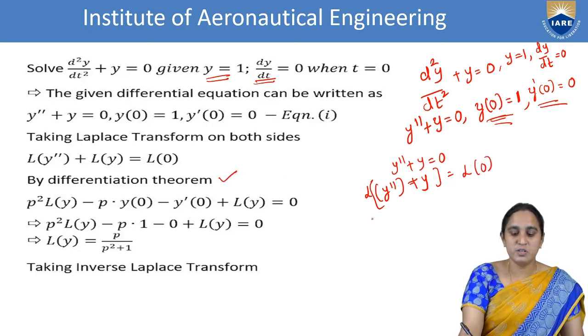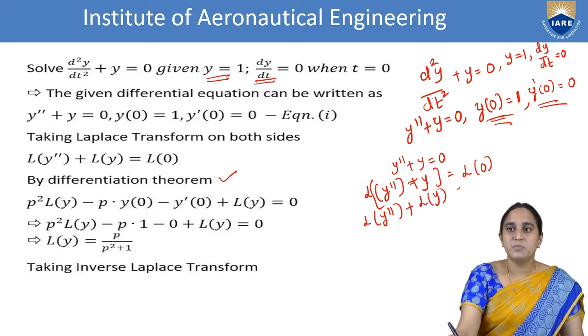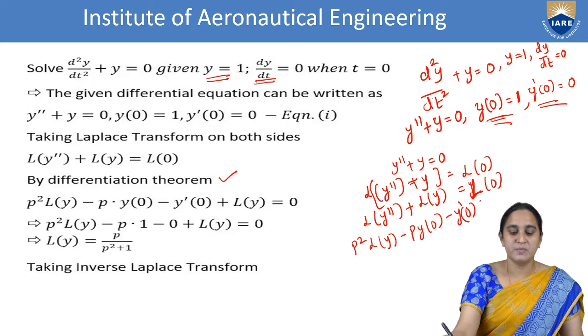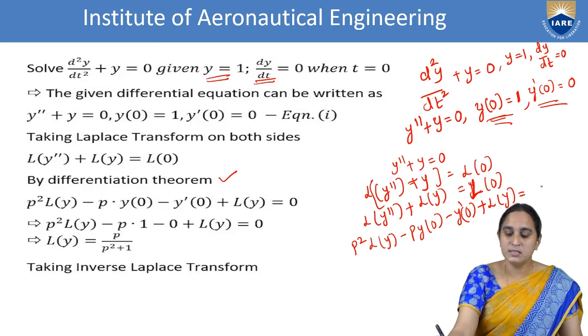By using the differentiation theorem, already discussed in the previous slide, L of y'' plus L of y is equal to L of 0. What is L of y''? That is p² L(y) minus p y(0) minus y'(0). There is no special formula for L of y, and L of 0 is 0 only.